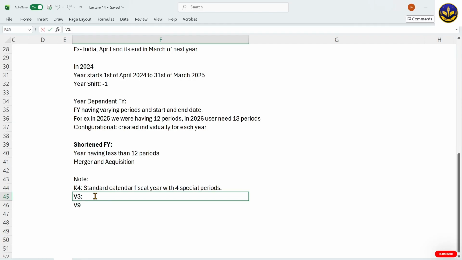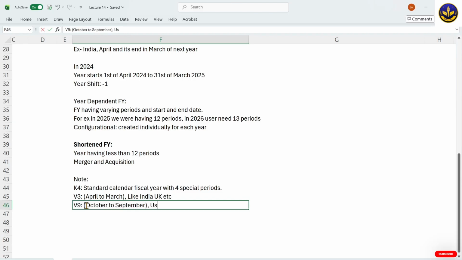Now V3 is nothing but a year from April to March of the next year, and it is standard in countries like India, UK, etc. And then we have the V9, the year which starts from October and ends in September of the following year.